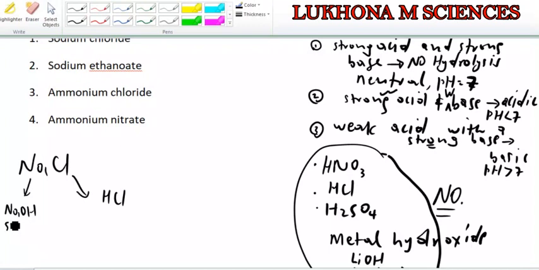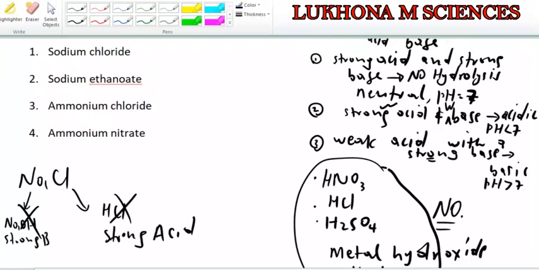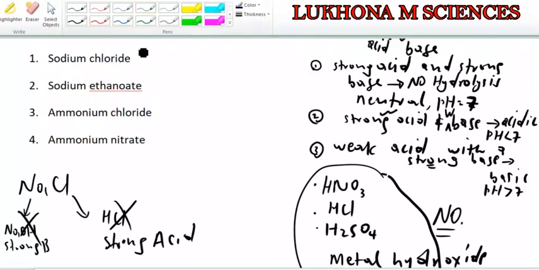This is a strong base. This is a strong acid. Meaning that neither will undergo hydrolysis. Therefore, the salt is neutral. The pH of this salt is exactly equal to 7.